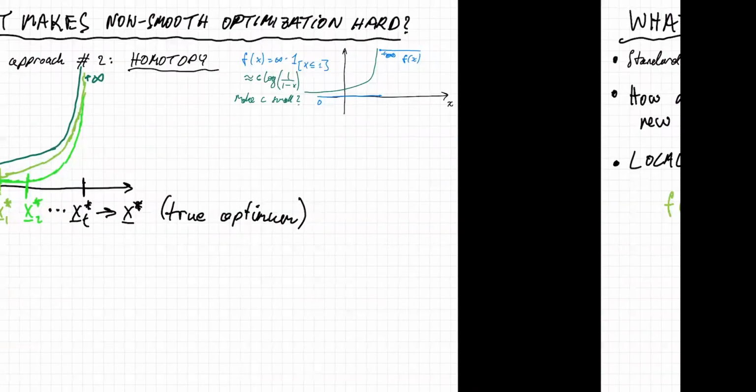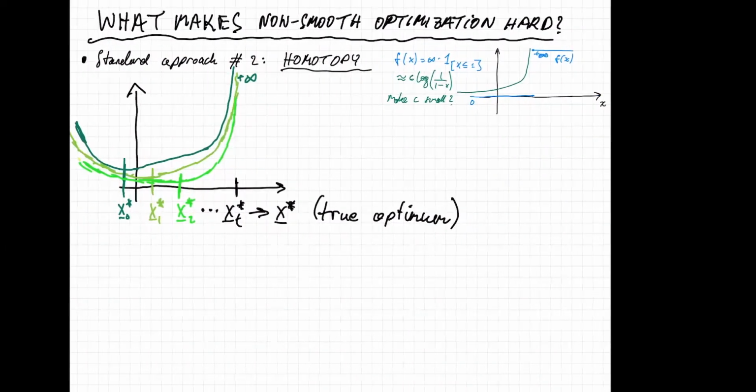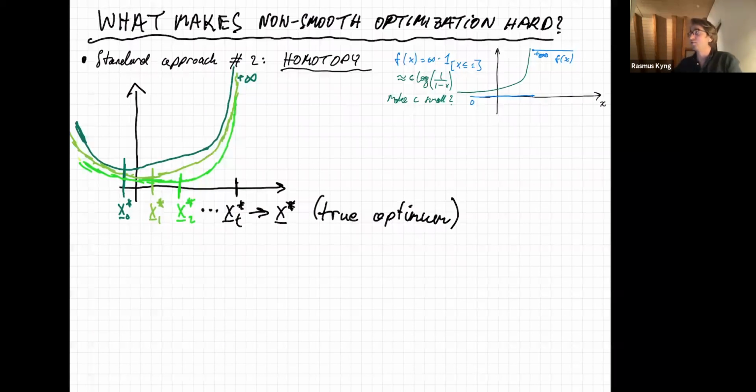Rasmus, how do you know when to stop when you get to t? Yes, that's a great question. There are a couple of different approaches to that. One is that you can usually prove something precise, so that for a certain value of C, I'm very close to the optimum. And then you might just say, okay, I have this proof that I'm close to the optimum.